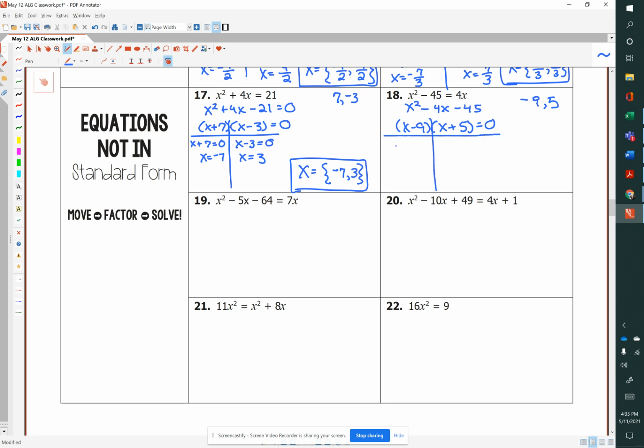And let's solve. x minus 9 equals 0, and x plus 5 equals 0. On the left side, x equals a positive 9. On the right side, x equals a negative 5. And that is our solution set.